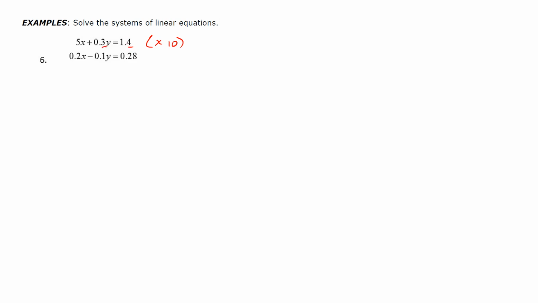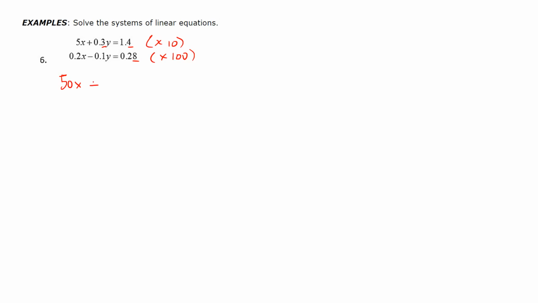So to get all whole numbers, I'm going to multiply everything by 10. In the second equation, the highest decimal place value is the hundredths. So I'm going to multiply everything by 100 in order to get the decimals to whole numbers.